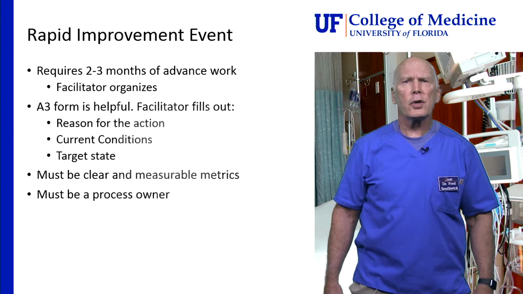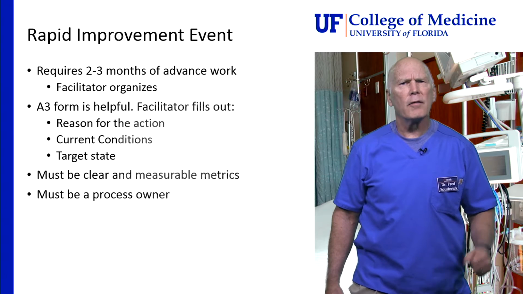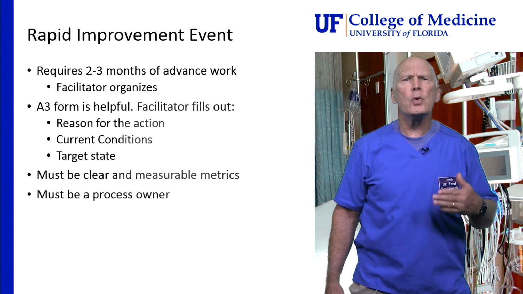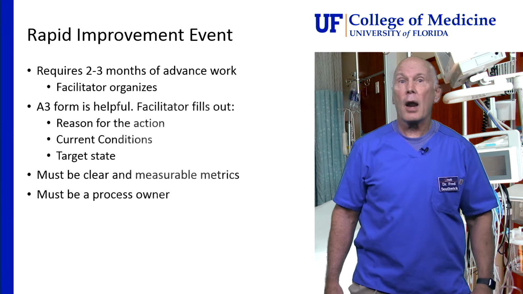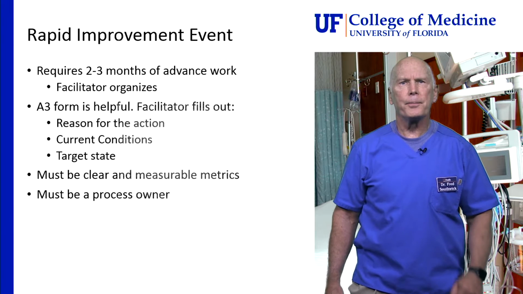The facilitator should also have identified clear and measurable metrics. The facilitator also must be the process owner, that is, someone directly involved in the process, someone who takes responsibility not only for helping to implement the changes, but to also ensure that the changes are sustained.